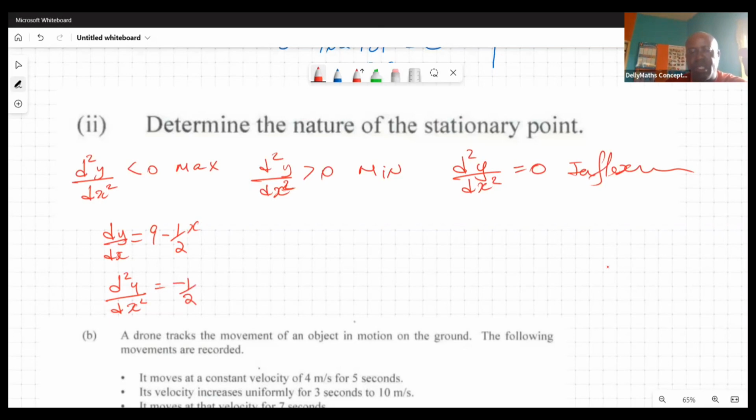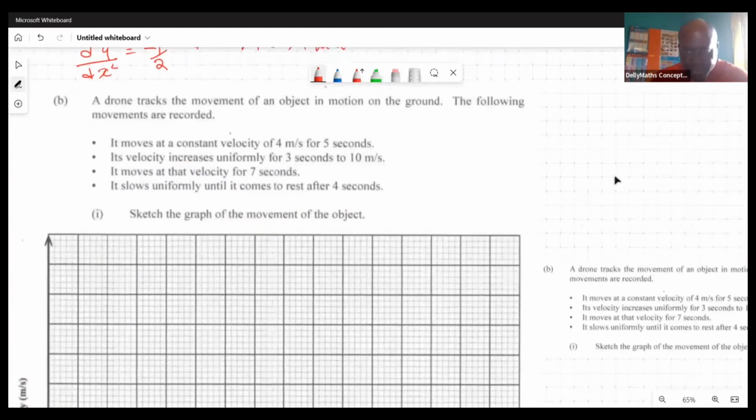So you could see that this value here is less than 0, which means that we are at a maximum, right? So the nature of that point is that we are at a local maximum. All right, so let's continue. Local maximum. Next question.